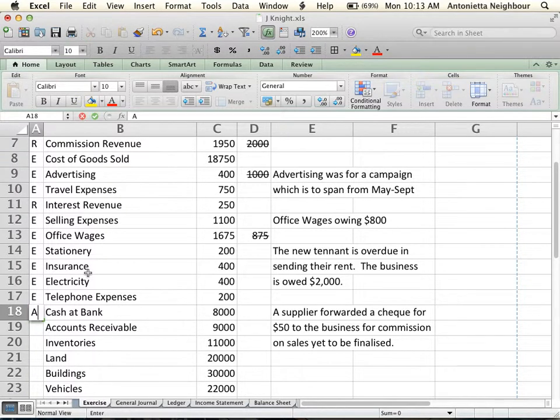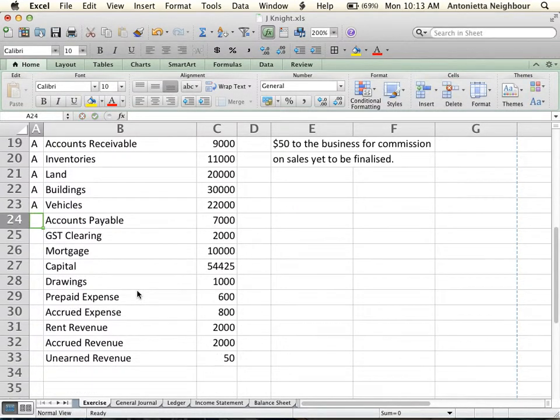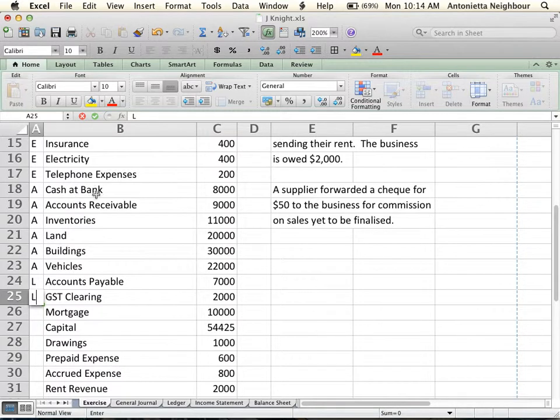Cash at bank is an asset. Accounts receivable is an asset, inventories asset, land asset, buildings asset, vehicles asset. Accounts payable is a liability. So is GST normally a liability. Just like bank is normally an asset, because we only have one single list of numbers.